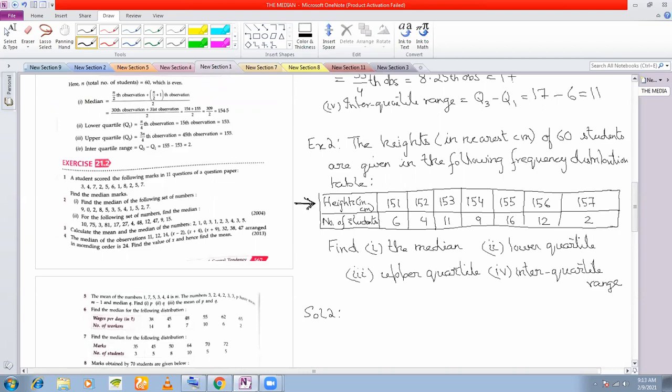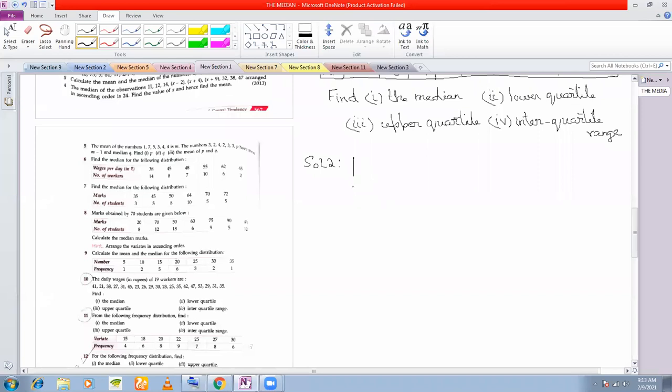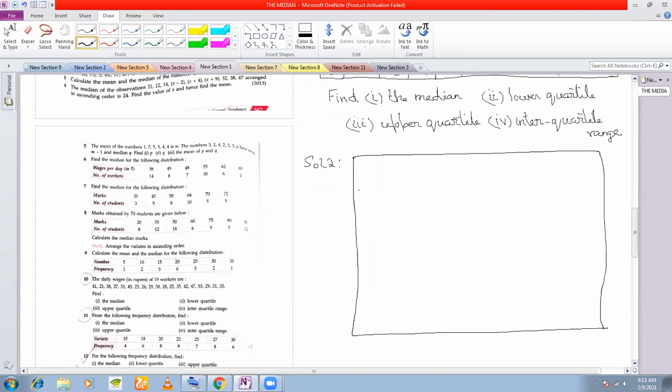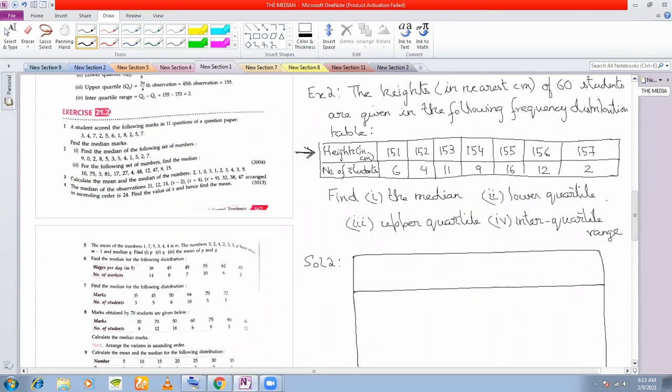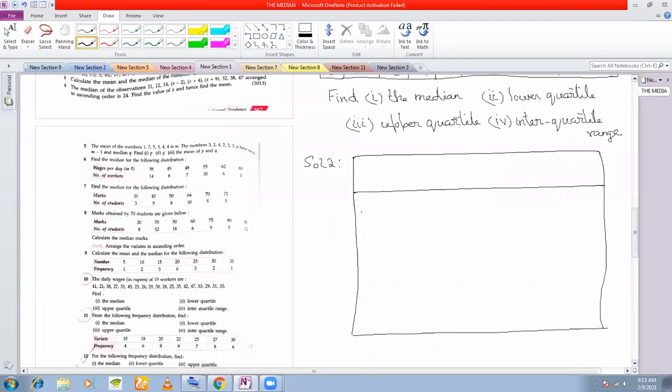So the first column will be for heights. There are 7 rows in total here.